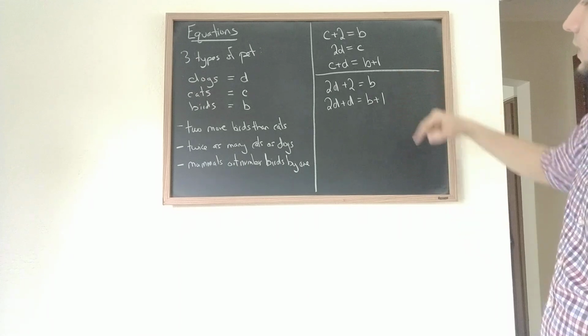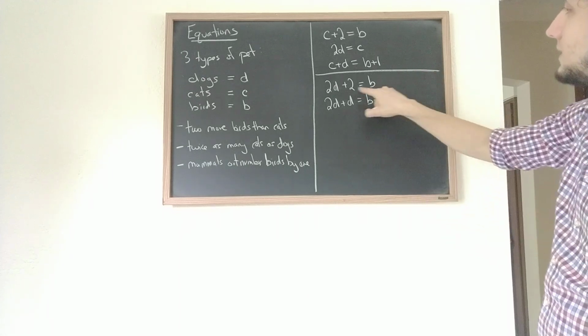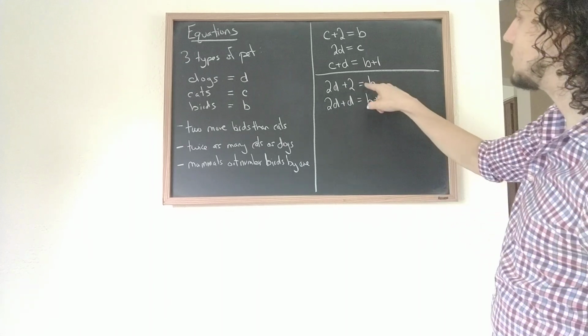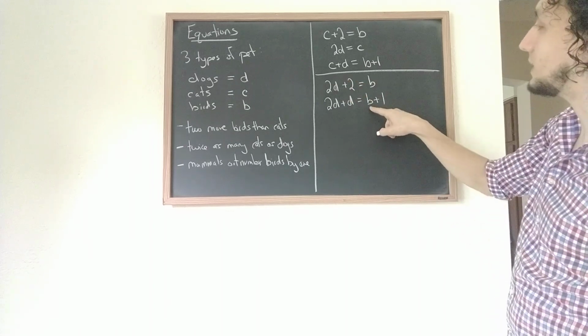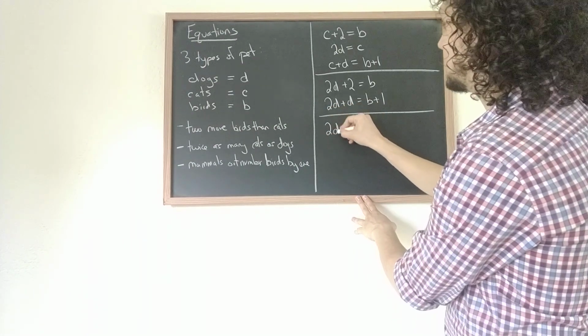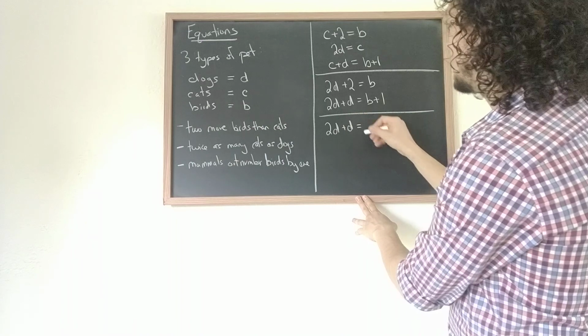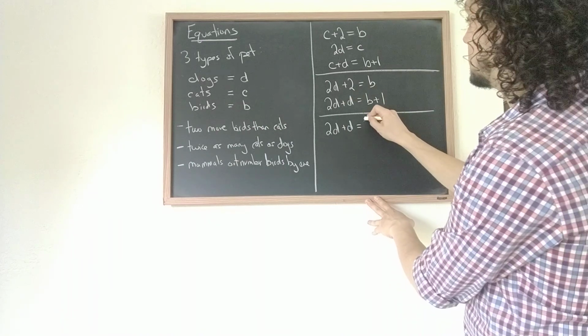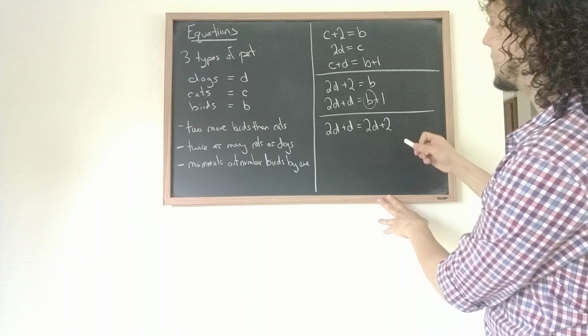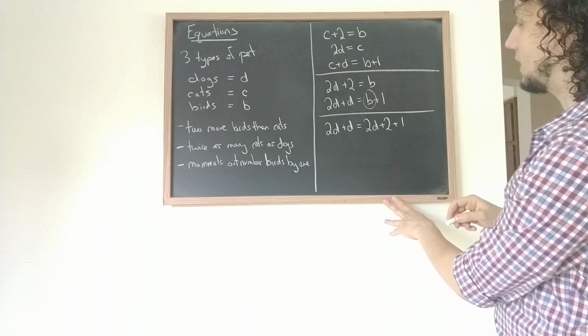Now I can put these two equations together. I know that B is equal to 2D plus 2. And so I can substitute 2D plus 2 for this B down here. So I get 2D plus D equals 2D plus 2, that was this B right here, plus 1.